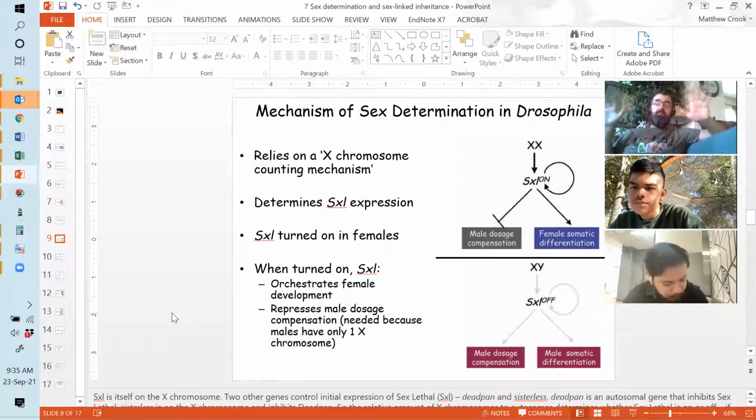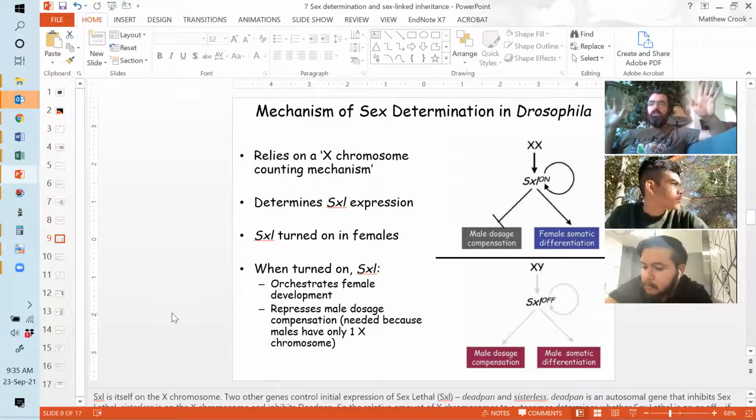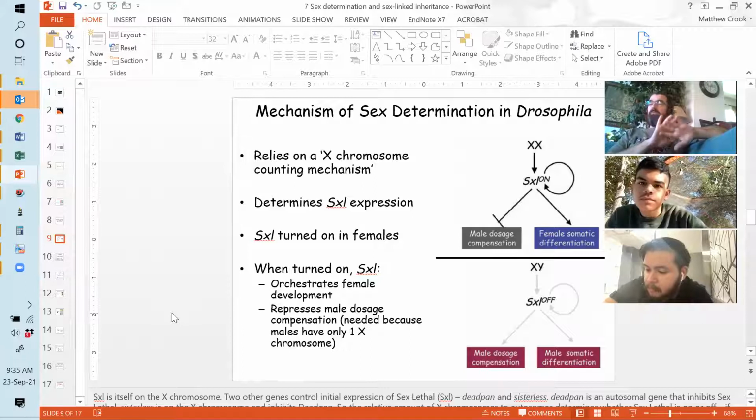So it's really a comparison between those two proteins, those gene products. If they're an equal amount, which you can only get if you have an equal number of X chromosomes versus autosomes, they cancel each other out. So sex lethal stays on.